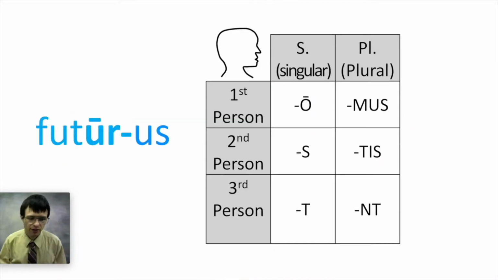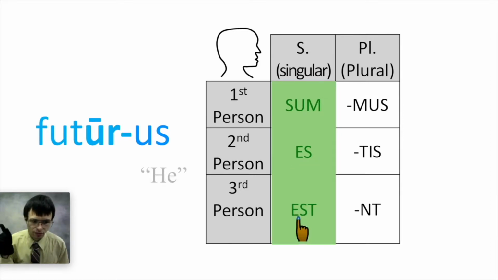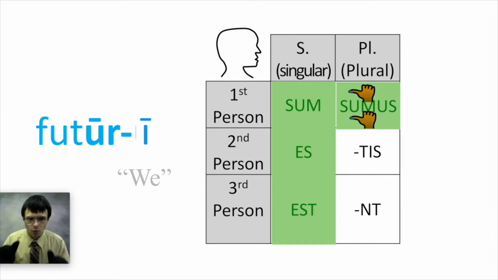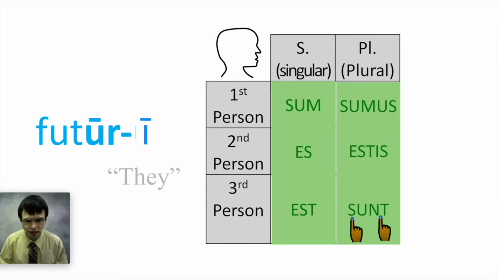Okay, so for the active periphrastic, it goes, I'm going to be, you are going to be if you're a masculine. He, she, or it is going to be if it's a masculine. We are going to be, futuri sumus. Y'all are going to be, and they are going to be, about to be, whatever.